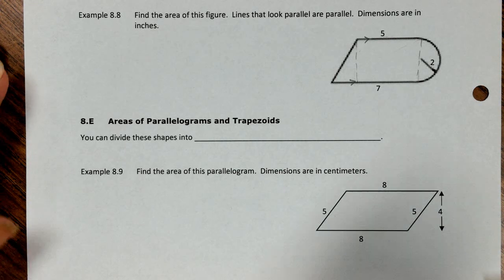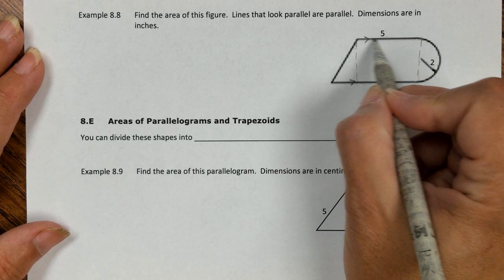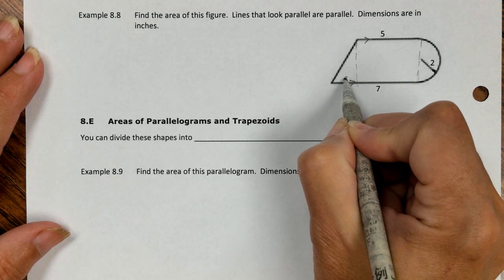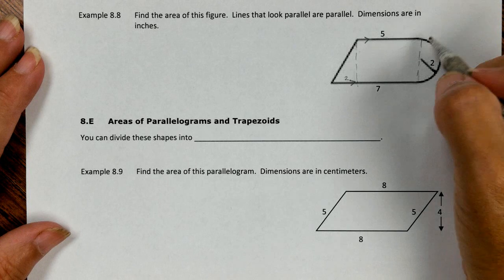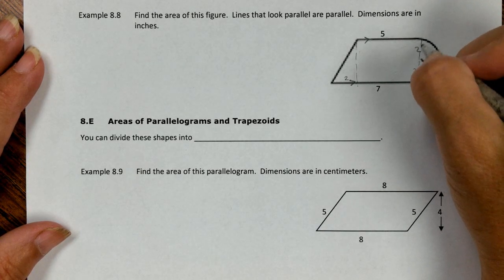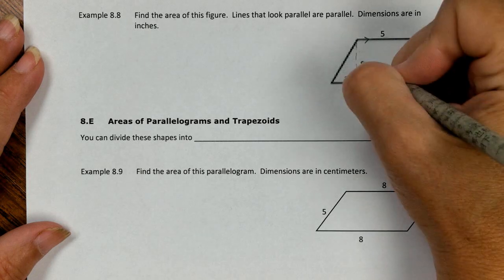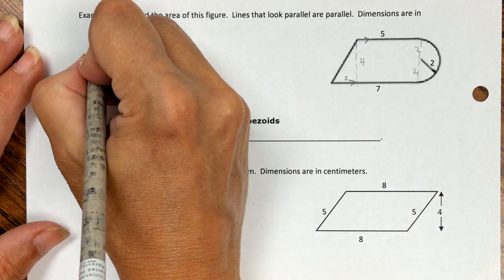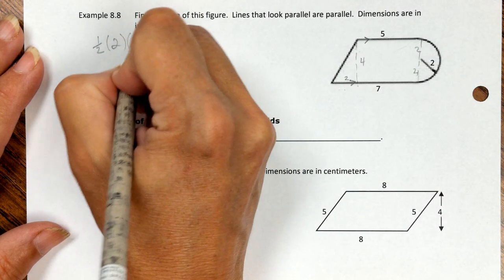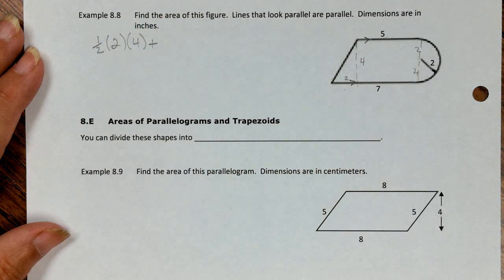Okay. So, if this segment is 5 and this is 7, from here to here is 5, this has to be 2. And my height, here's a radius of that half circle, so my height is 4. So we have the triangle is half its base times its height, and then we have a rectangle that is going to be a 4 by 5.